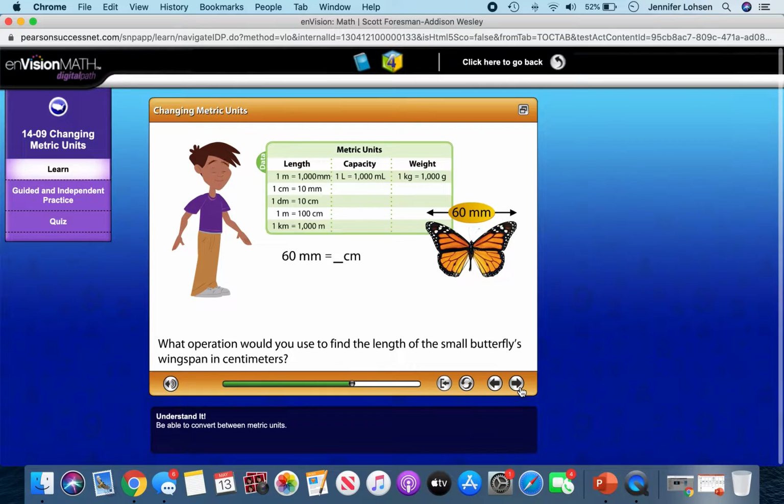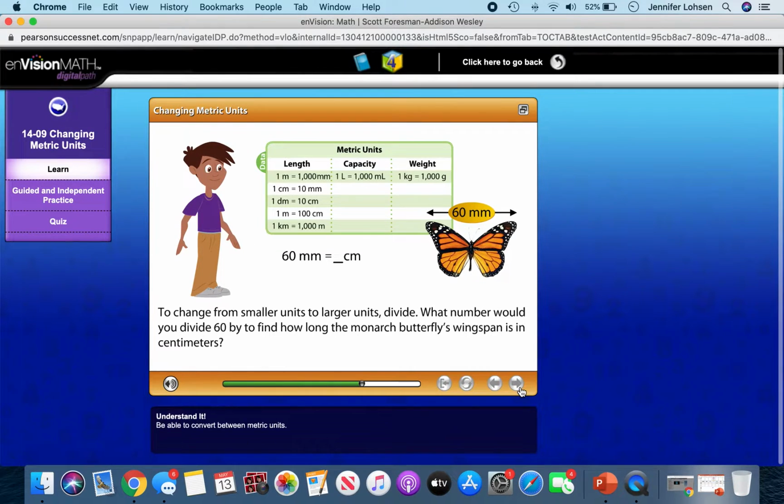What operation would you use to find the length of the small butterfly's wingspan in centimeters? To change from smaller units to larger units, divide. Small, large, divide. What number would you divide 60 by to find how long the monarch butterfly's wingspan is in centimeters?